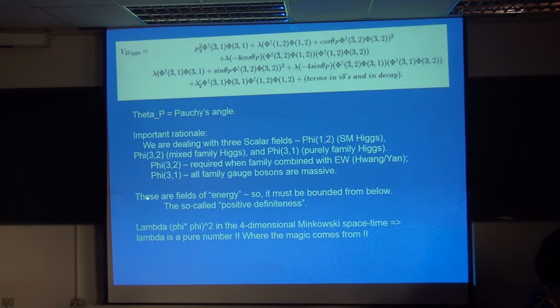In fact, you should realize that this scalar field looks like a field of a bunch of energy. So in other words, it's the energy. Therefore, it should be bounded from below. This is in fact the so-called positive definiteness.